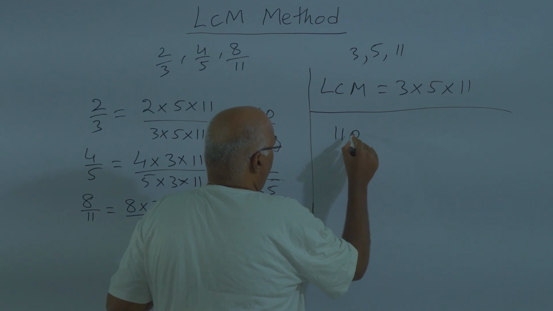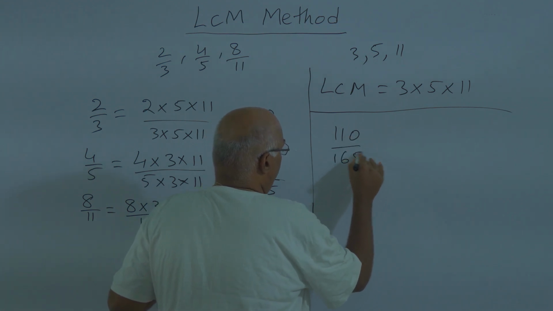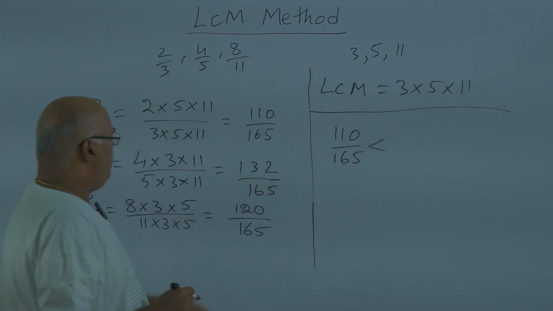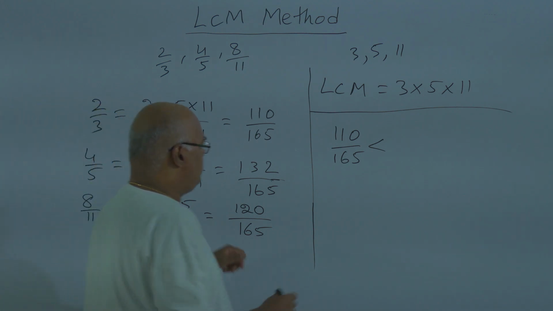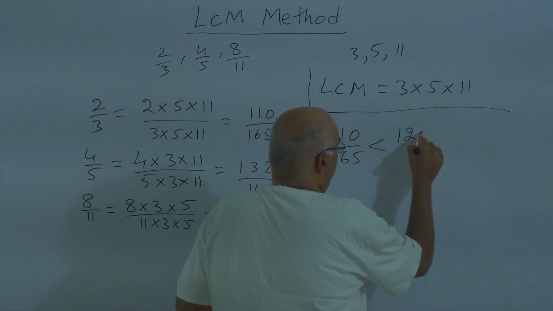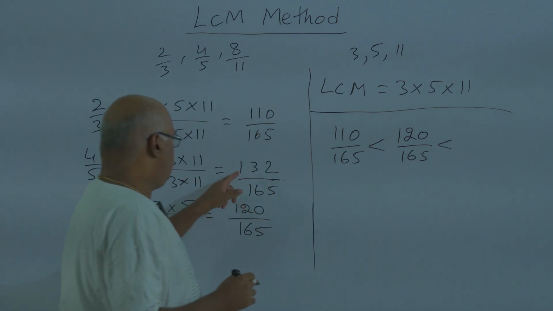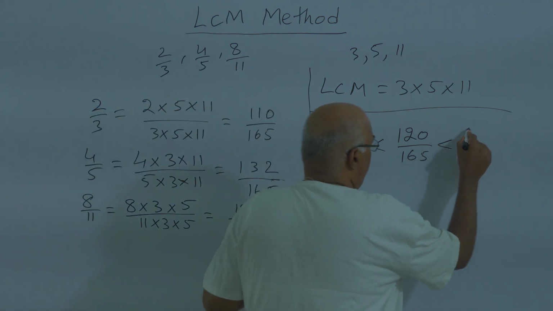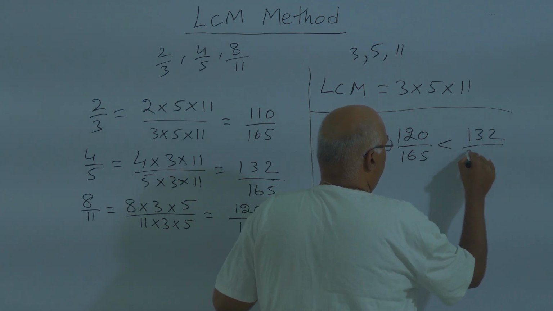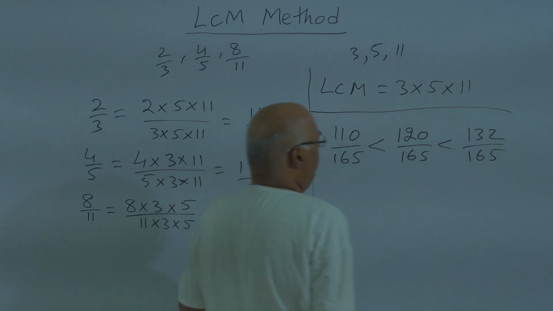So 110 by 165 is the smallest. After 110, which is the smallest? 120 by 165. This is less than what is left over, 132 by 165.